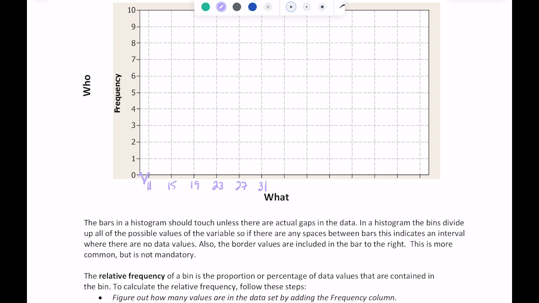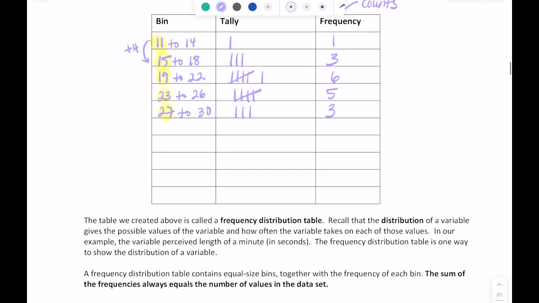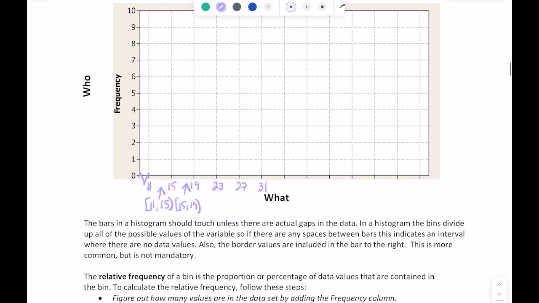So this is saying basically everything including 11 but not including 15 is going to go in this bin, and anything including 15 but not including 19 will go in that bin, and so on. As you can see here, my first bin, I should only have the bar go up to a 1.